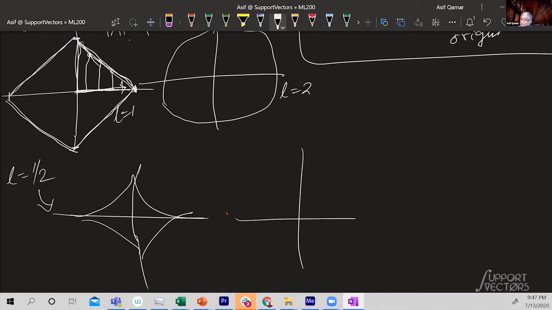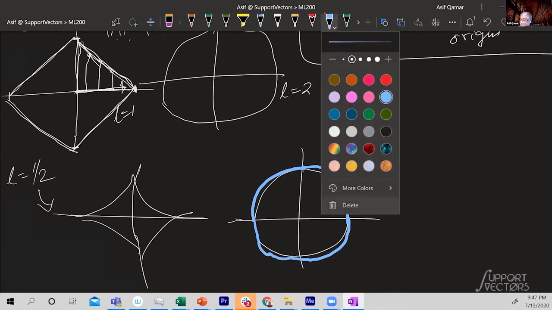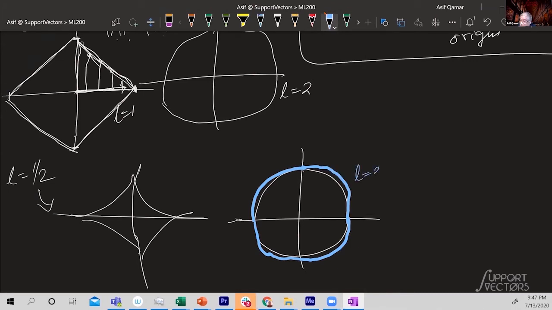What does L is equal to 3 and so forth look like? Remember that we had a unit circle for L is equal to 2. The L is equal to 3 will develop a little bit of a bulge over this. It will look like this. Are we together? It's bulged out a little bit. This is L is equal to 3.